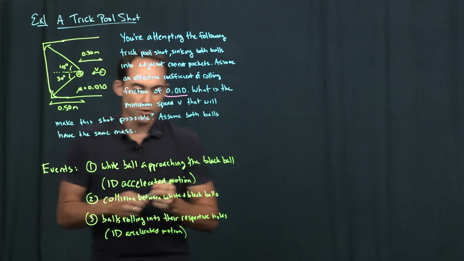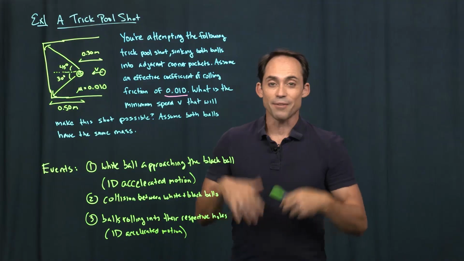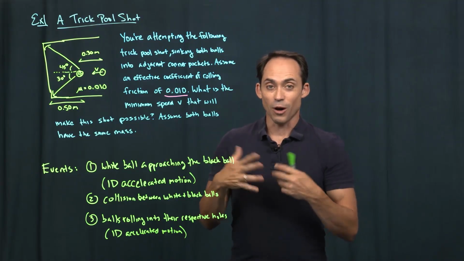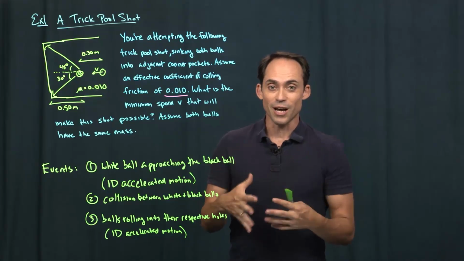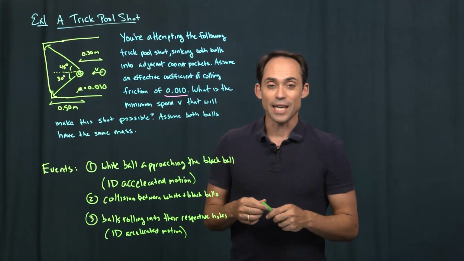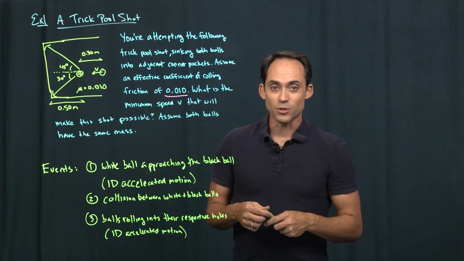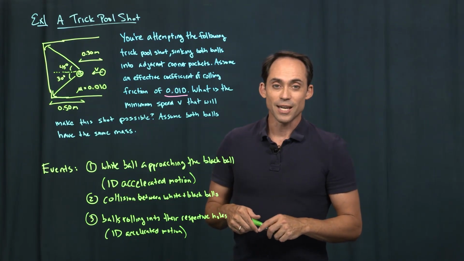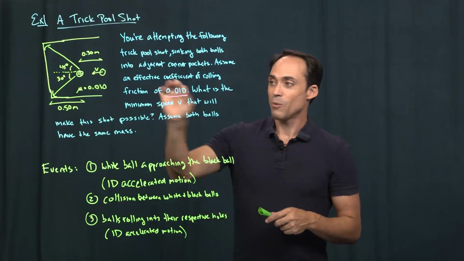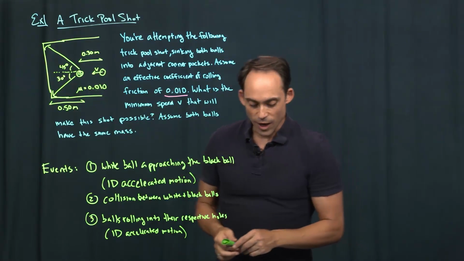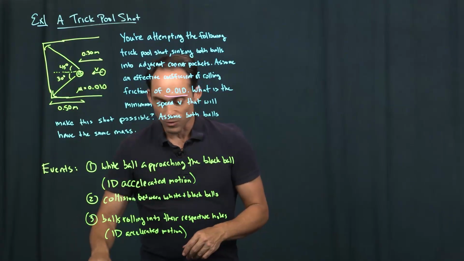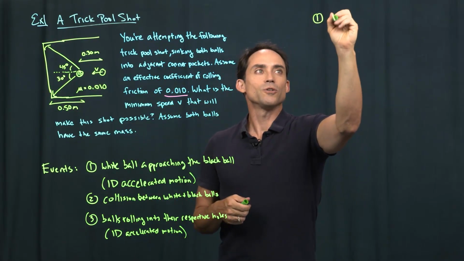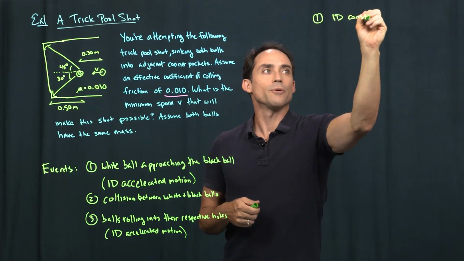And it comes with a constraint that those balls have to have enough kinetic energy, and enough dissipative work done so they still have some kinetic energy at the end so they actually make it into the hole. So that's going to give us a constraint on what our final velocity is for these balls, and that will constrain the initial velocity when we strike the white ball. Okay, so let's go through this event by event, and let's start and go in order. We'll look at this first 1D constant acceleration problem.